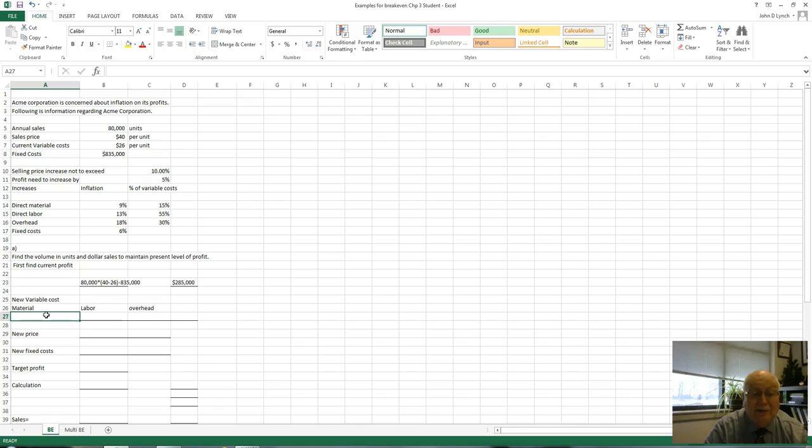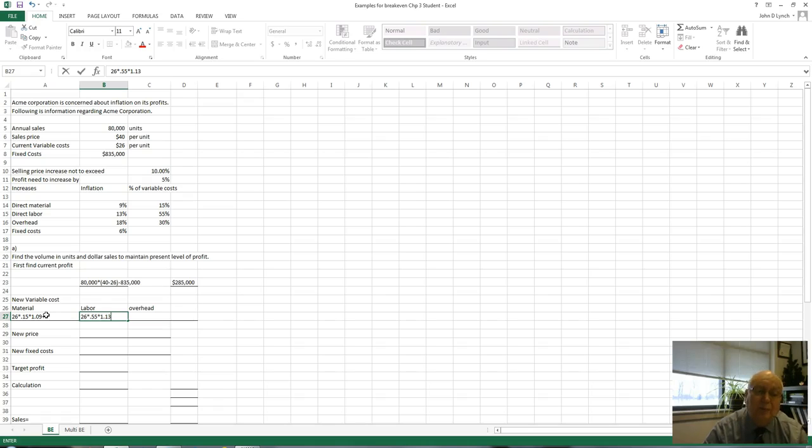Okay, now the next thing we do is find out our new costs. So the new variable cost, remember, is made up of $26 times the 15% times the inflation rate of 1.09, and then to this we'll add the labor, which is the $26 times 55% direct labor costs, times 1.13, which is our inflation rate for labor.